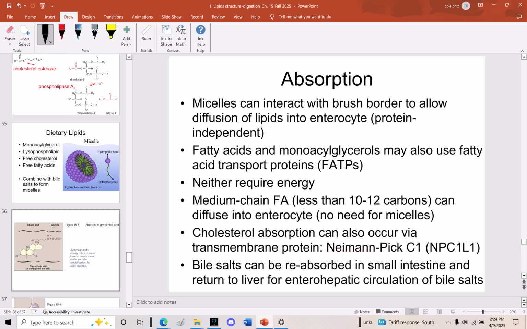So what's going to happen here is these lipids are going to be formed into micelles, and they're going to interact with the brush border. The brush border is right here. It's on the sides of the intestinal lumen. They're essentially your intestinal cells. I really do wish I had my pen now. But these micelles are going to interact with the brush border here, and that's how you're going to be able to absorb those lipids and get them into the body.